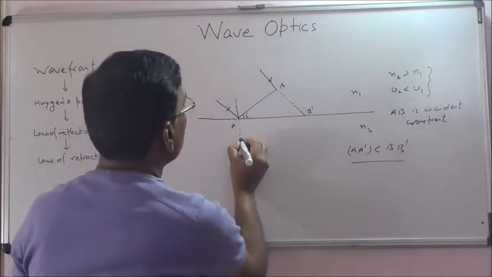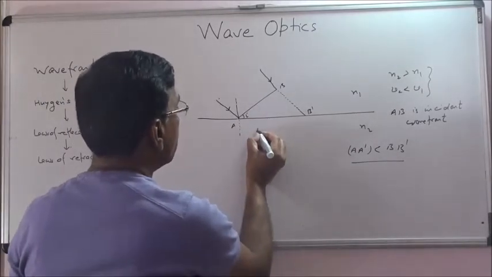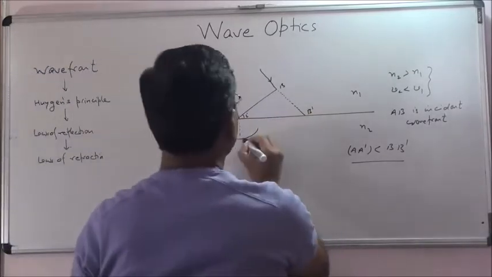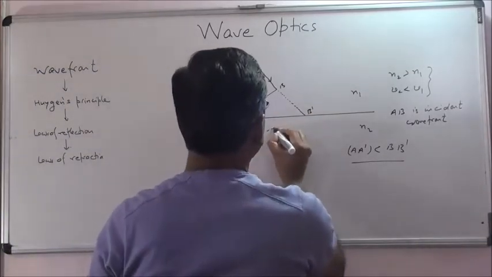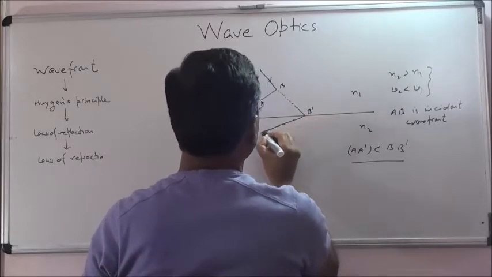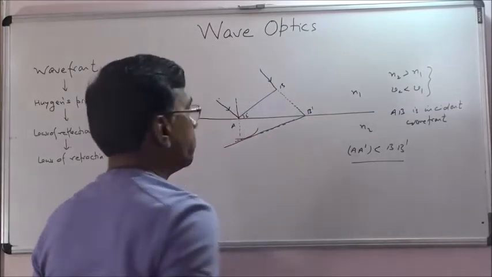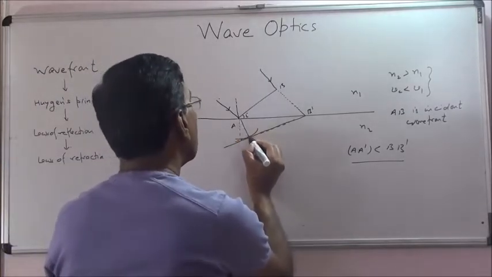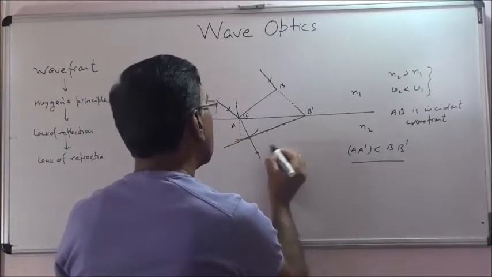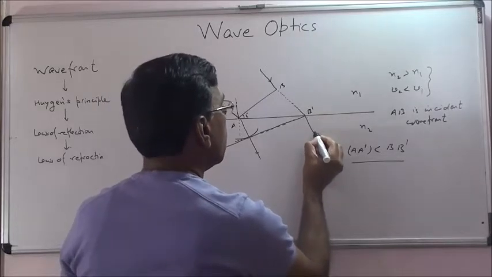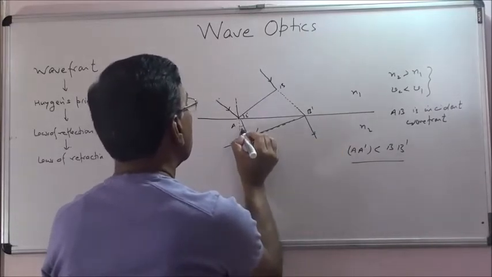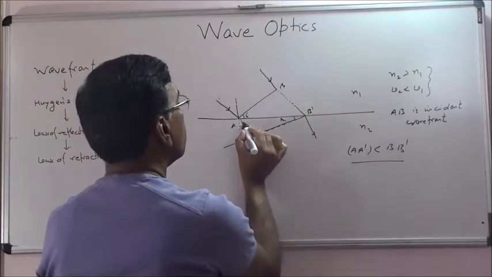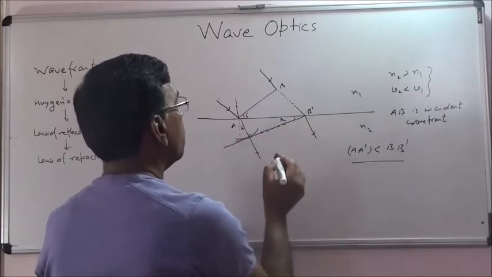So this is normal, so I will take a distance less than this, and then draw a tangent to this from here. Draw the refracted rays. This angle is R, 90 minus R, so it will be R.